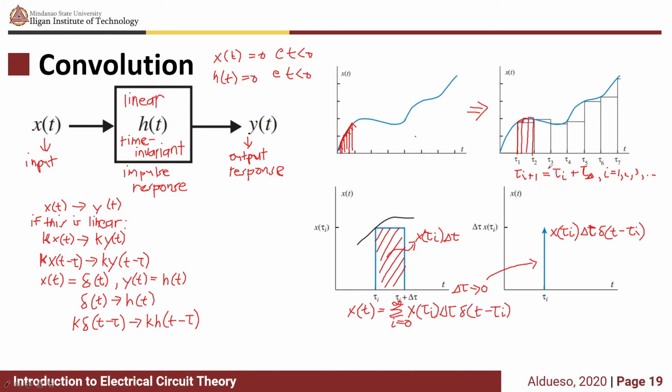Now because this is linear, the total output response is just the sum of the individual output responses of each impulse function. We have an impulse function, and this causes an output.